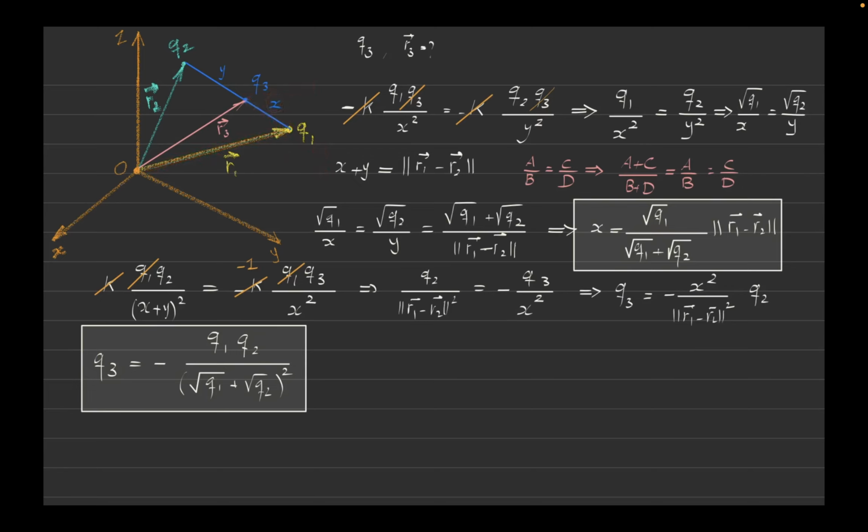So I need to find a unit vector in the direction of this vector. But that's very easy. You need to divide this vector by its magnitude. No, r1 minus r2 is in this direction, so I have to divide it the other way.